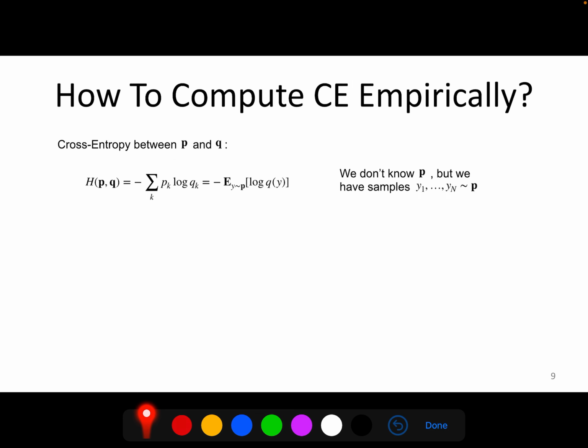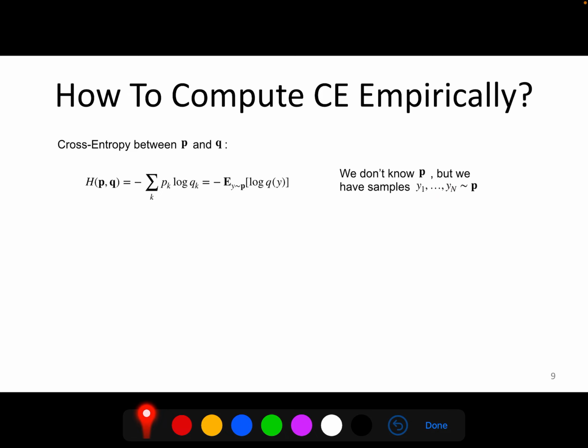Here is one practical problem. How do we compute cross-entropy empirically? We don't know the true distribution P. We only have samples y1 to yn from it.